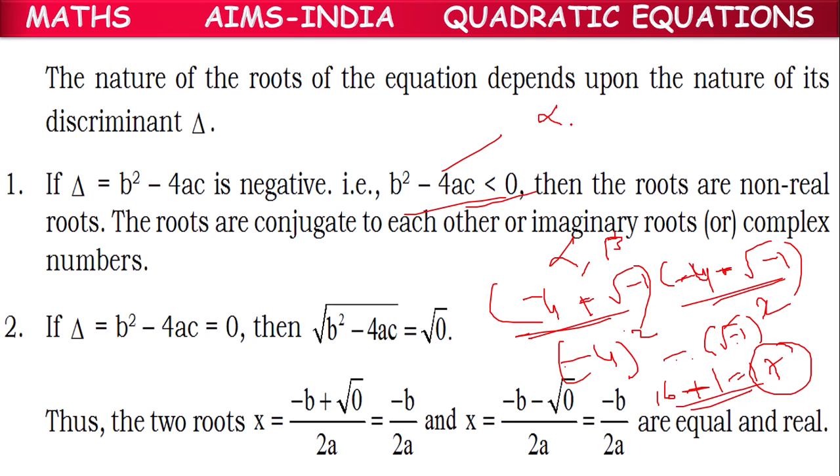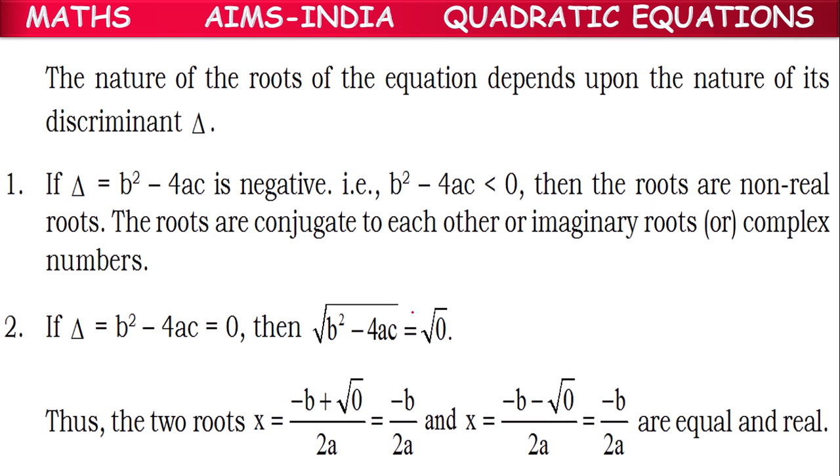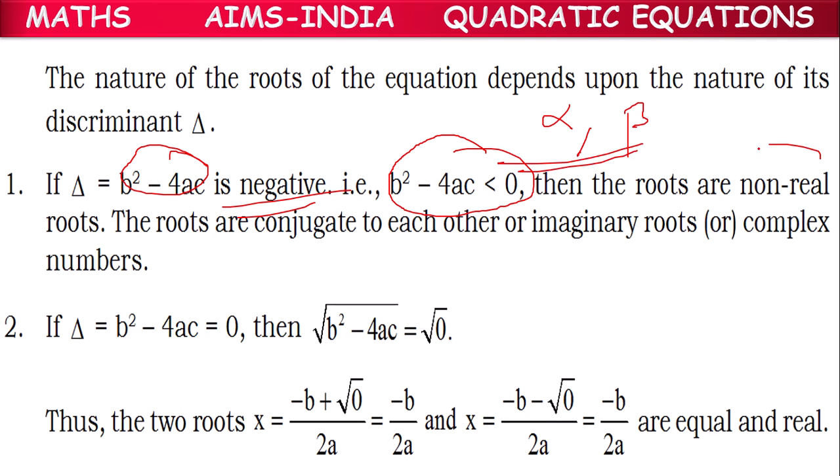So alpha is not real. Its value is minus 4 plus root of minus 1. Beta is not real. Try to understand, children. If the discriminant is negative, if b square minus 4ac is less than 0, then alpha is not a real root, beta is not a real root. Both are non-real roots, imaginary roots, complex numbers.